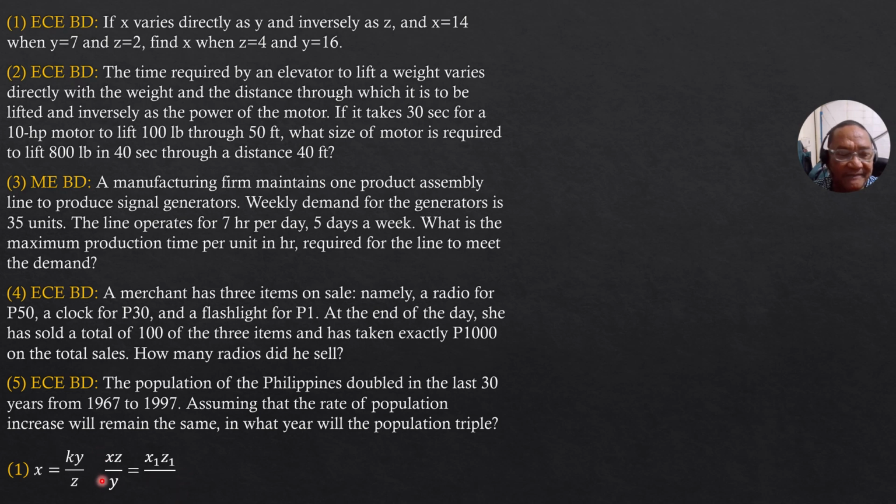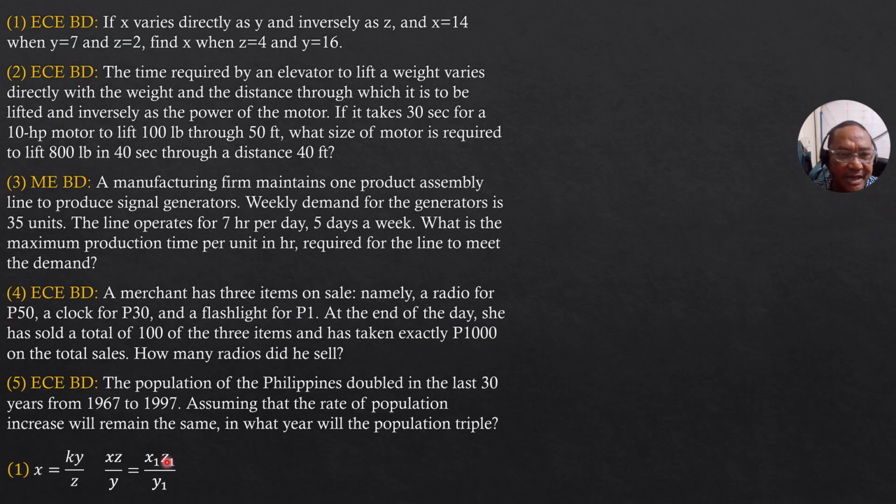So the left side of this equation would be the final values and the right side, with subscripts, the initial values. So find x when z is 4, and y is 16, so x times 4 over 16 equals, for the initial values, we have x1 is 14, z1 is 2, and y1 is 7.